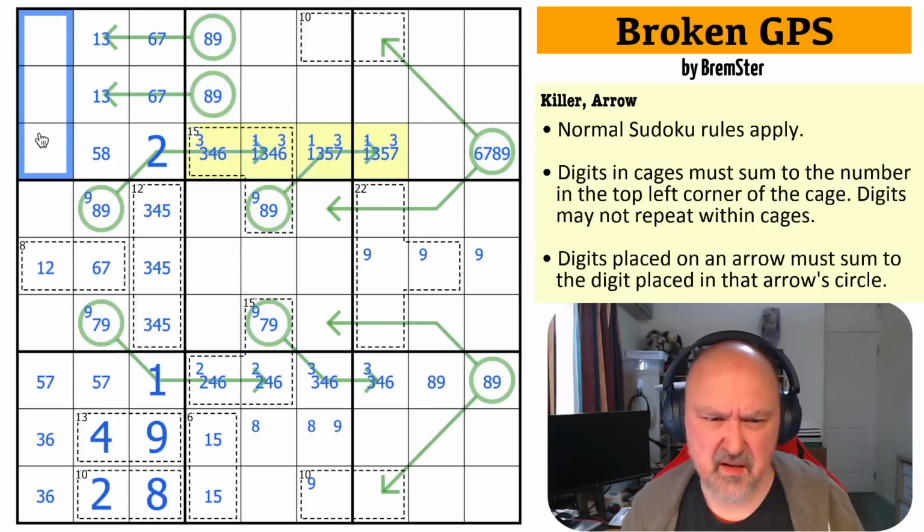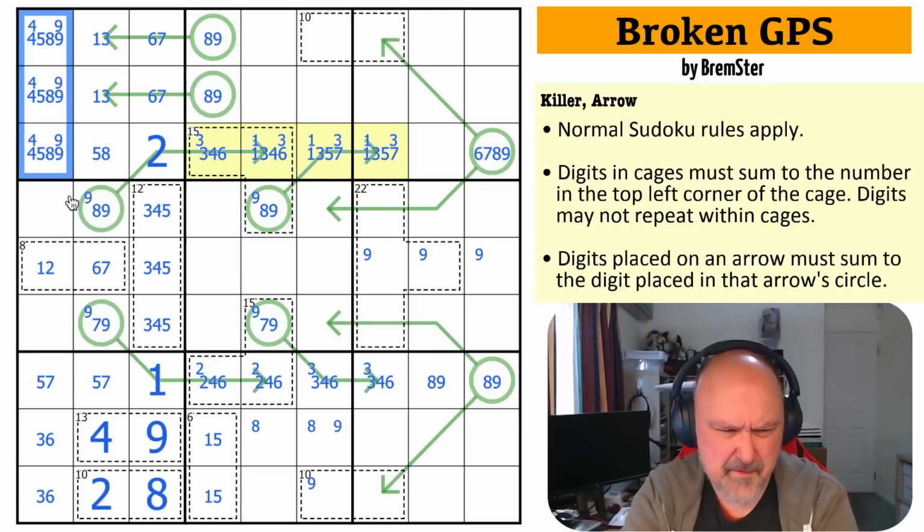Nine is up here. These are 1, 2, 3, 4, 5, 6, 4, 5, 8, 9 go in there. And there must be a 4 and a 9 in it. That's not it, though. I'm lost.